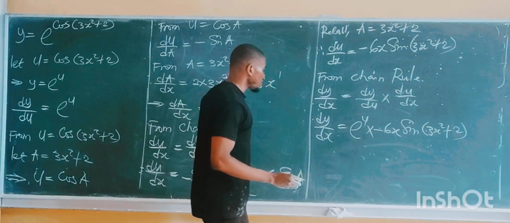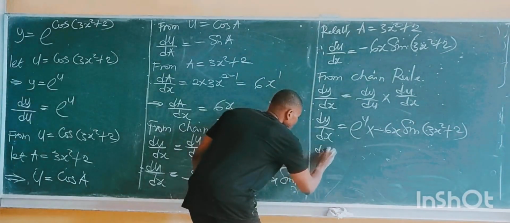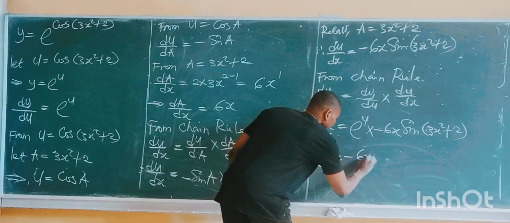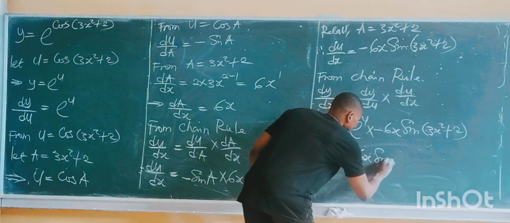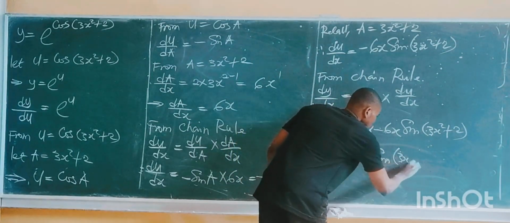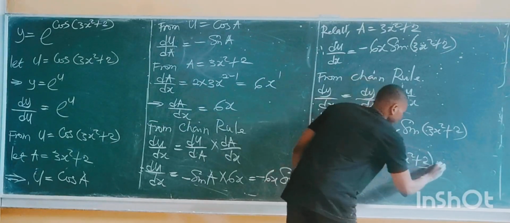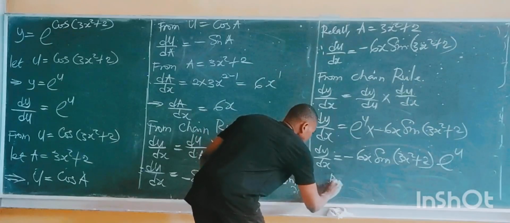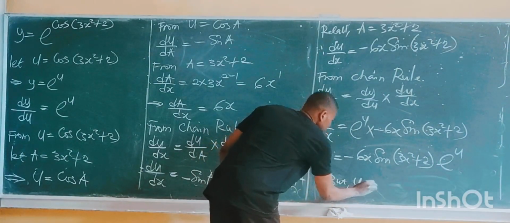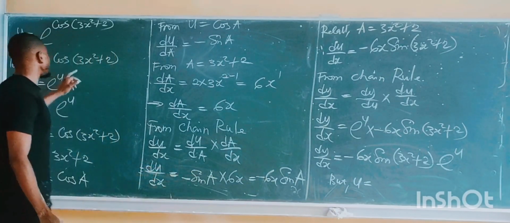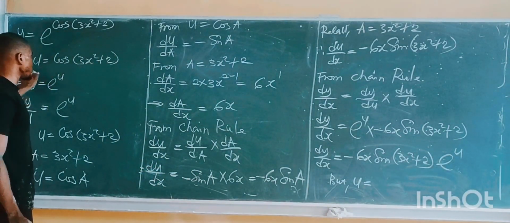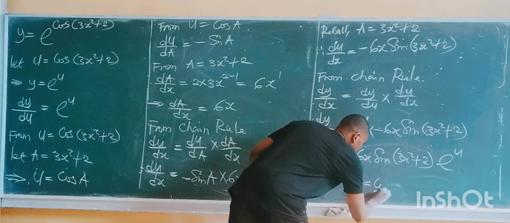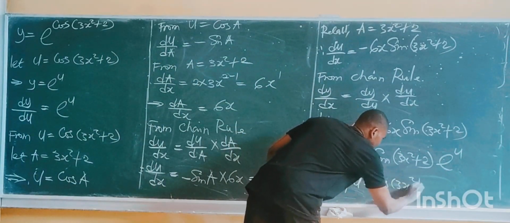Of course, you can simply say dy/dx is equal to minus 6x sine(3x squared plus 2) exponential u. But recall, we said let u be equal to cos(3x squared plus 2).